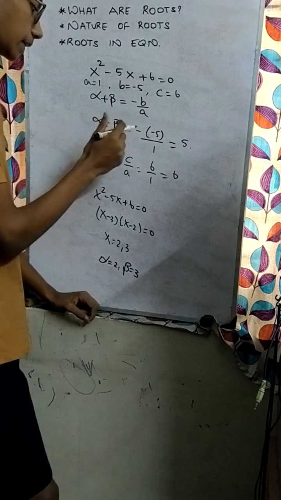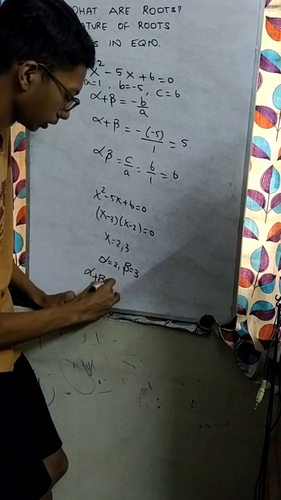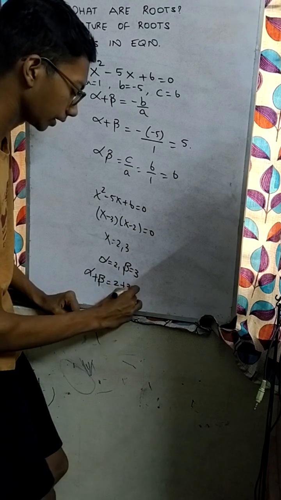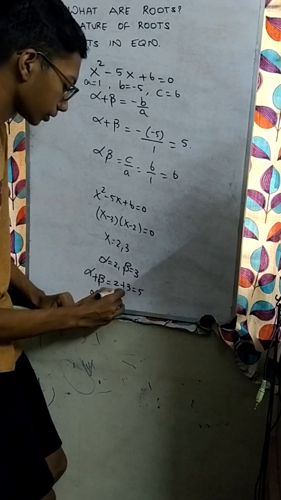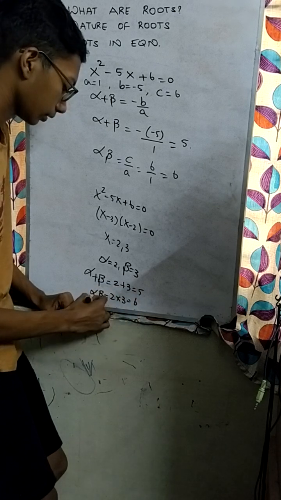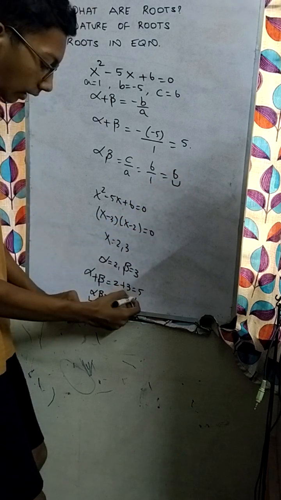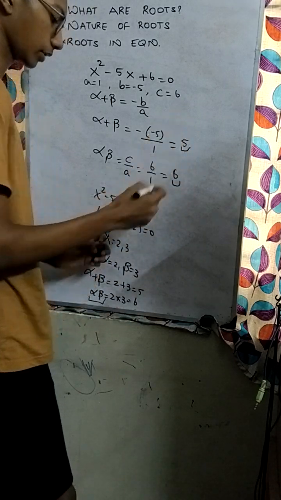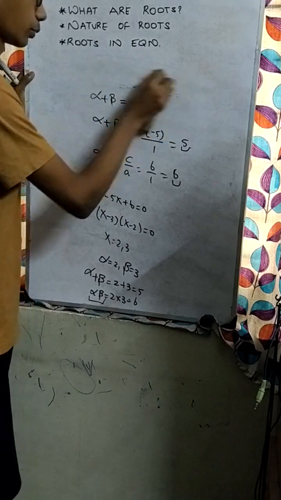So alpha plus beta is 2 plus 3 equals 5, and alpha beta, that is, if we multiply these roots, we have 2 times 3, which is 6. So alpha beta equals 6, which we got here. Alpha plus beta equals 5, which we got here. So these are the basic things in roots in equation.